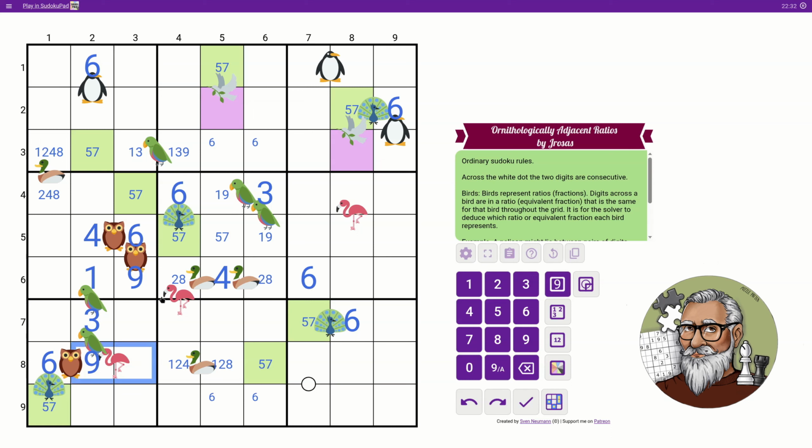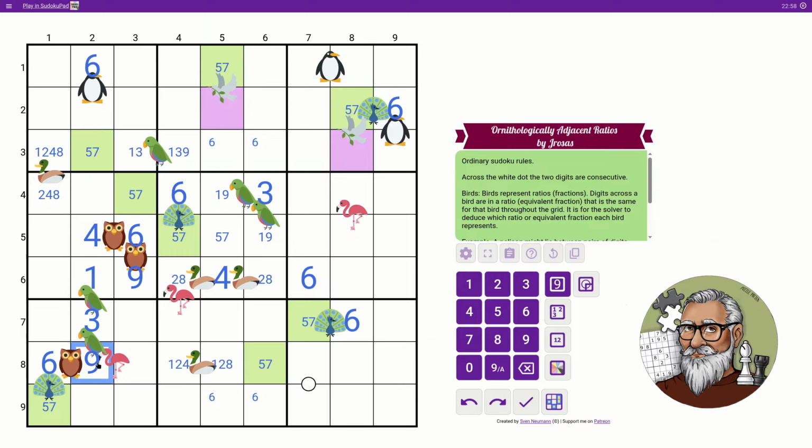What about this one? This has become unique here, didn't it? Because, well, we can't have a multiple of 9. That would be 18 at a minimum. So that's out of the question, right? So if it's not a unique fraction, we need to have something that's a factor of 9.